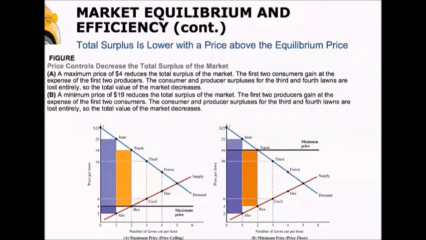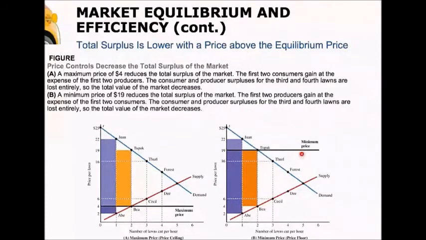So we can see that the total surplus has changed. It used to incorporate all of the area underneath the supply and demand curves in this big triangle, and now it's only this area here. And so there's some lost surplus in this market when there's a maximum price set. It's called a price ceiling.